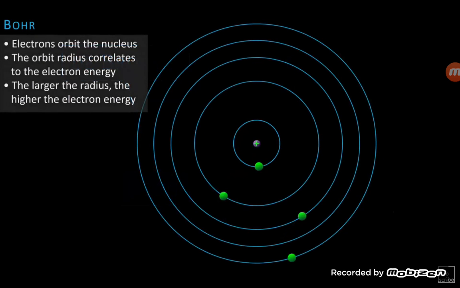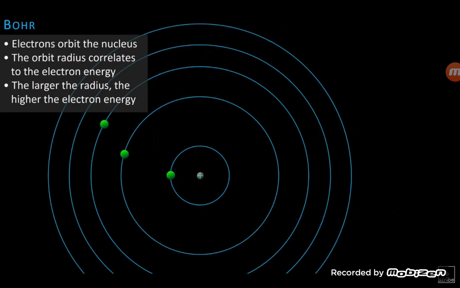The most prominent feature was that electrons orbit the nucleus. But what was more important was that the orbit radius correlates to the electron energy. The larger the radius, the higher the electron energy. Let's take a closer look at the orbits. You can see that the orbits are at specific distances from the nucleus, and so the electrons have only the specific energy allowed by any particular orbit.